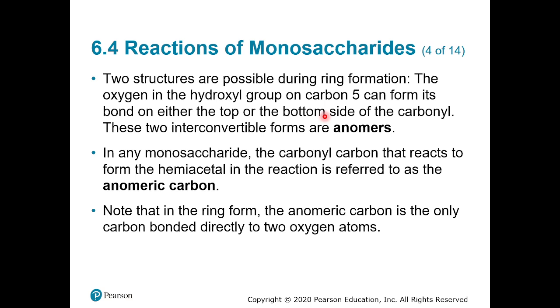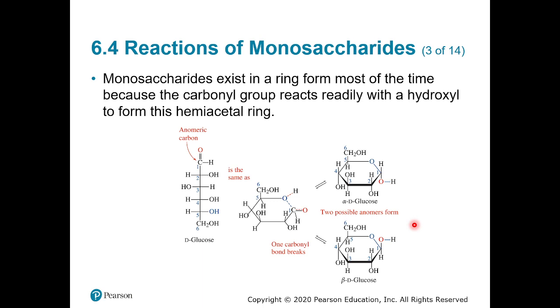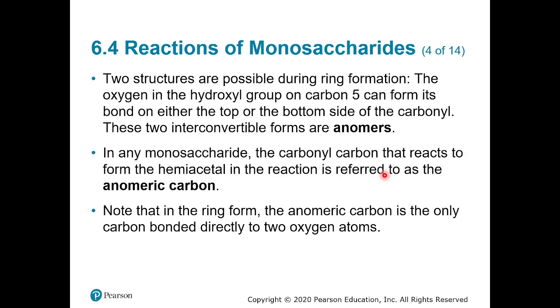So note, a ring formed, the anomeric carbon is the only carbon bonded directly between two oxygen atoms. So it's very easy to find because all you gotta do is just find the one that has two oxygens connected to it. Everybody okay? 1, 2. So it always ends up with 2 oxygens attached.